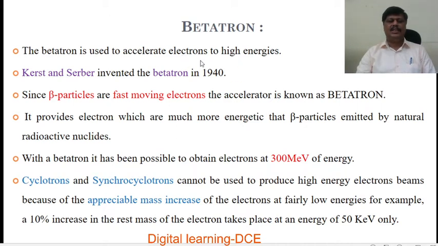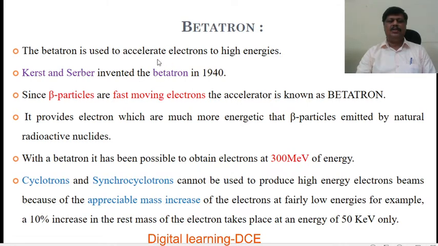In the last session, you know that the cyclotron cannot be used to accelerate electrons because of its limitations. Therefore, Kerst and Serber invented the betatron in 1940. Since beta particles are fast moving electrons, the accelerator is known as betatron.